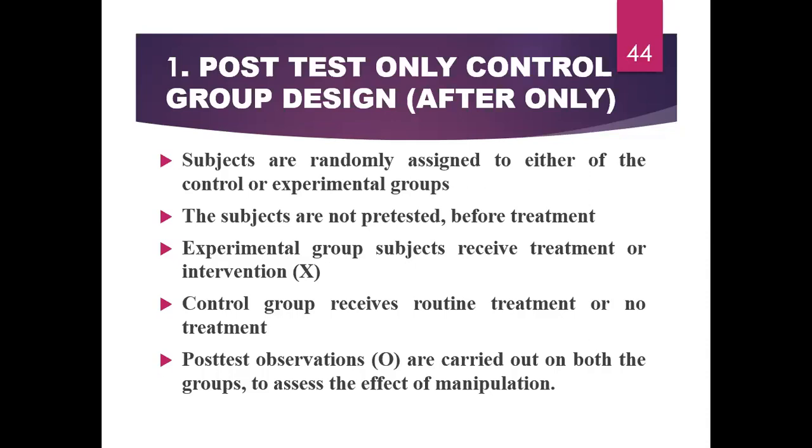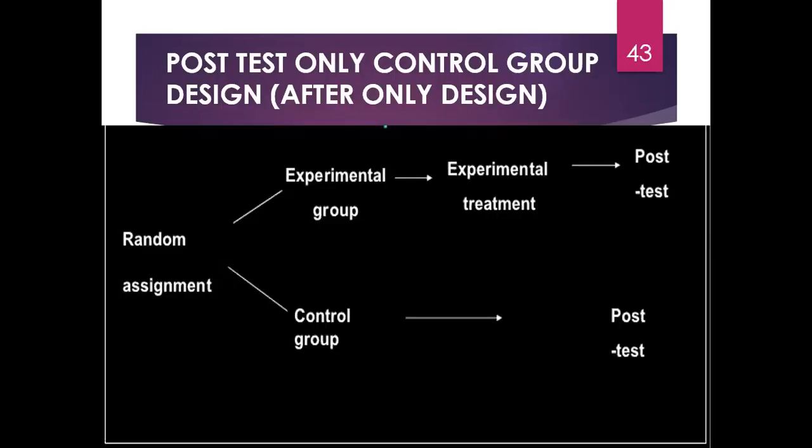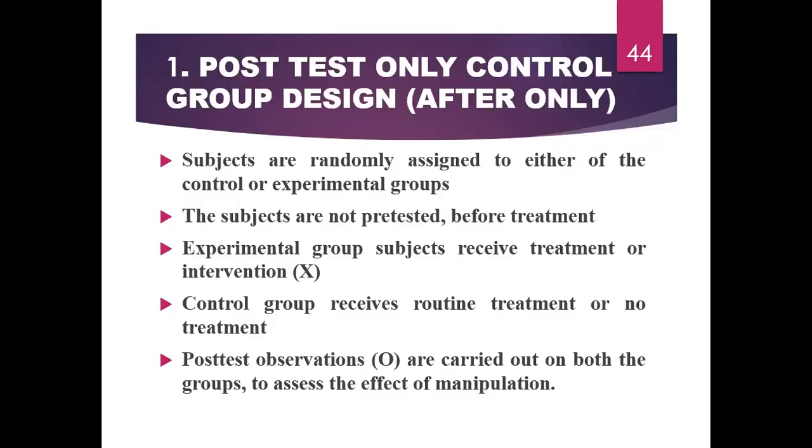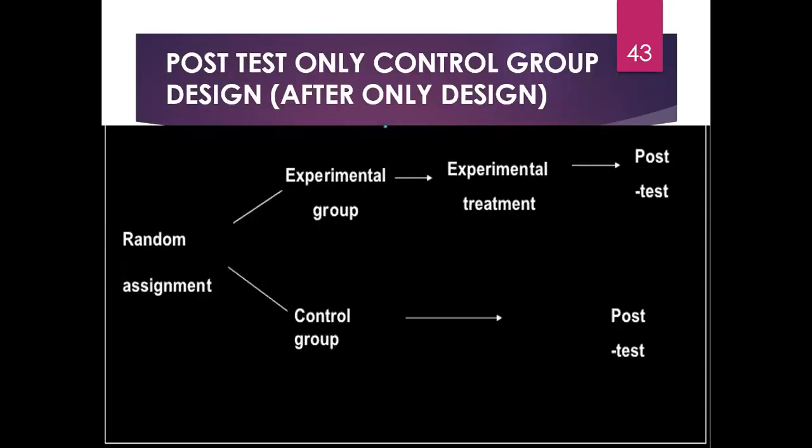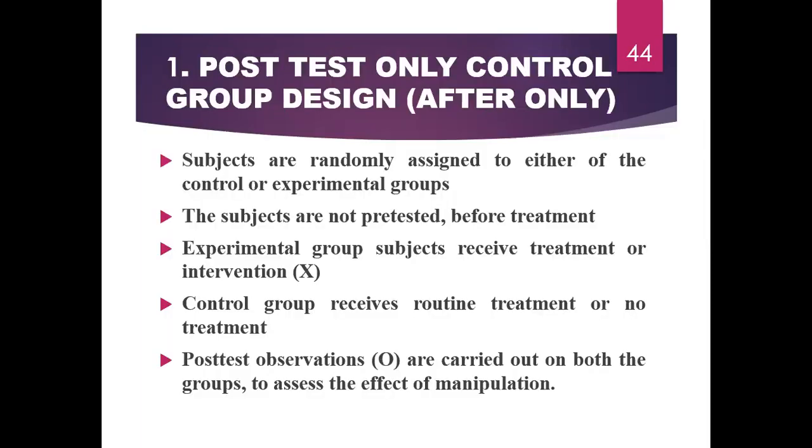In this particular design, subjects are randomly assigned to either the control group or the experimental group, as you can see in this. So this is a random assignment for the experimental group and the control group. The subjects are not pre-tested before the treatment. So there is no pre-test given to either of the groups before the treatment. Experimental group subjects receive treatment or intervention.